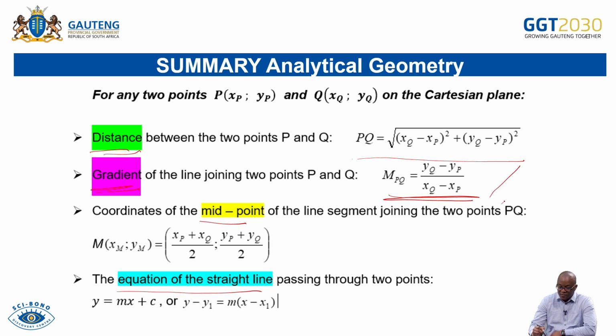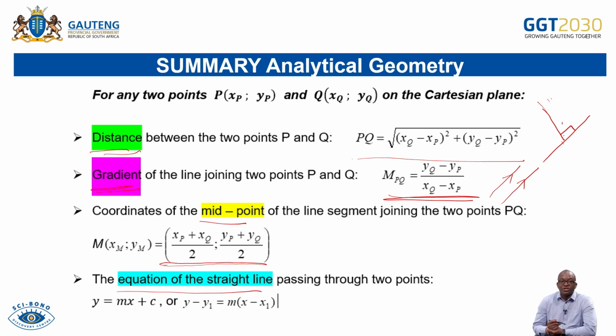Remember that when the lines are parallel, the gradients are equal, and when the lines are perpendicular, then the product of the gradients will be -1. Then we also have to calculate the midpoint. Remember, this is the formula that we need to use for the midpoint.